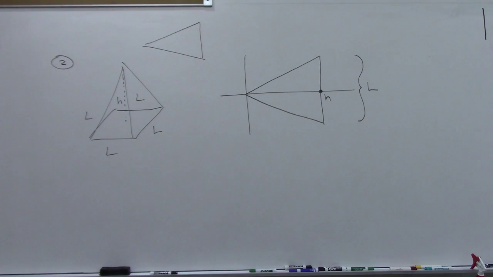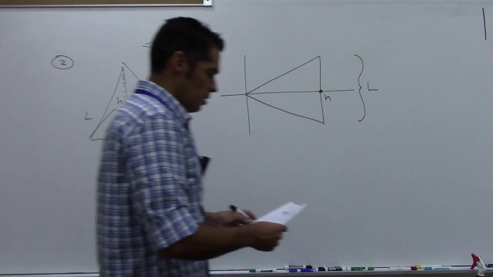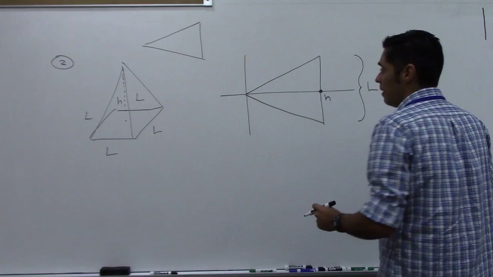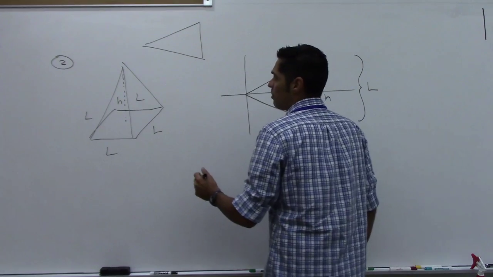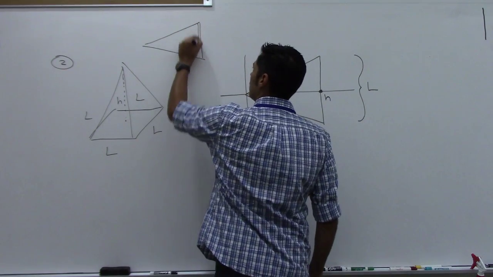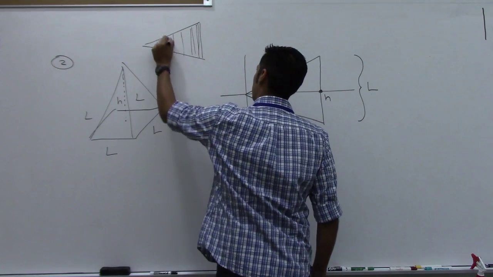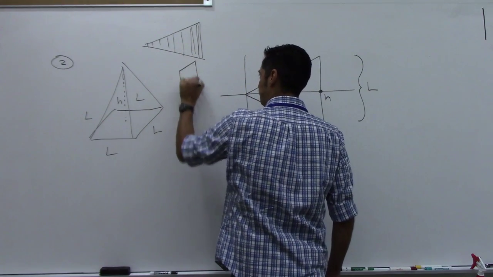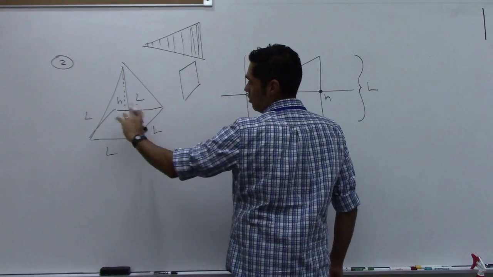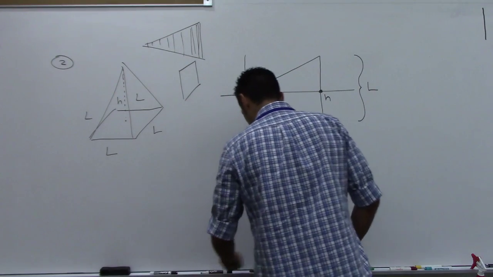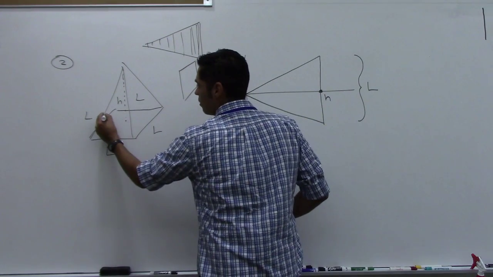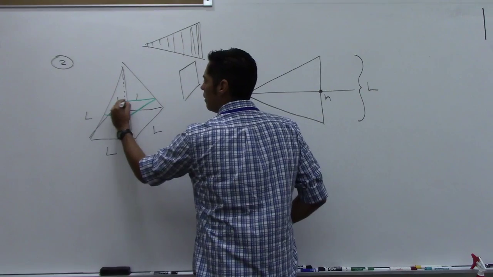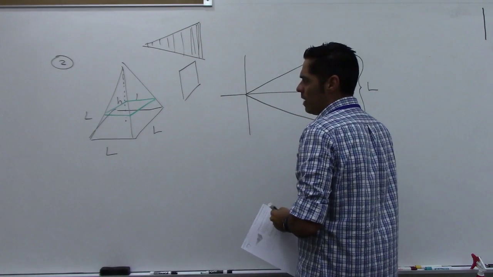Okay, now imagine we're going to take a bunch of slices, an infinite number of slices of this. If I take one of those slices and look at it, it's a cross section of this pyramid, like taking a slice out of here, and I'm going to find the volume of that little slice.